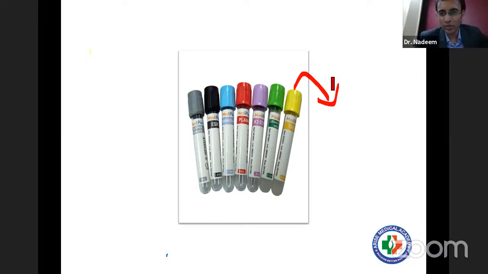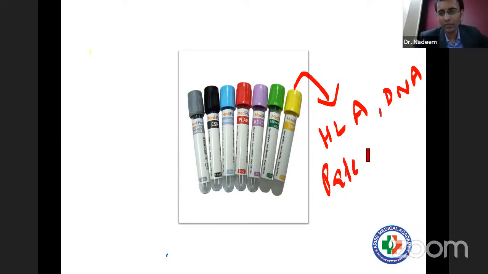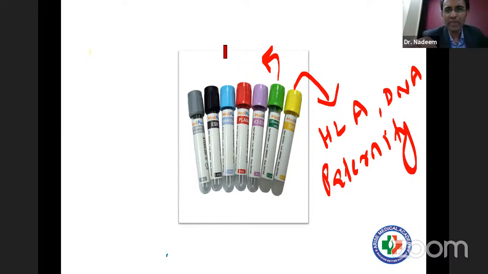Yellow is used for HLA testing, DNA testing, for paternity. What about the green one? Ammonia, renin, insulin, all these are used in the green tube.